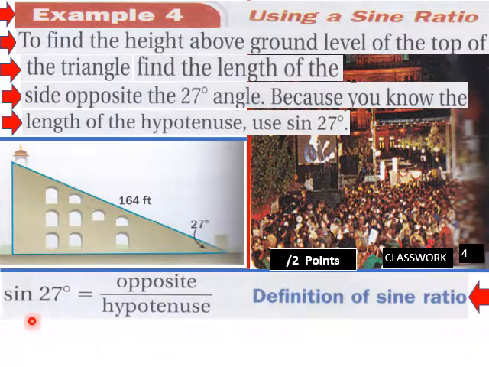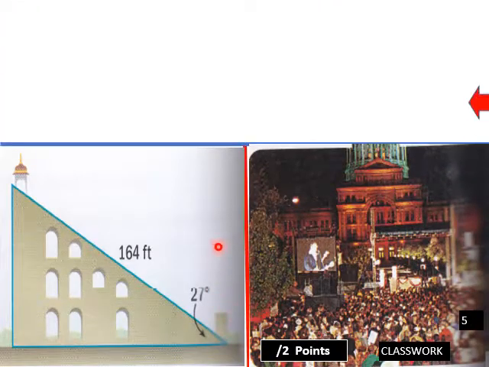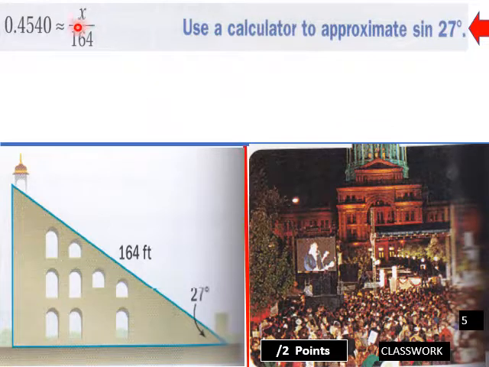So sine 27 equals opposite over hypotenuse, definition of a sine ratio. So sine 27 equals x over 164, which is there. Sine 27 is 0.4540 equals x over 164.